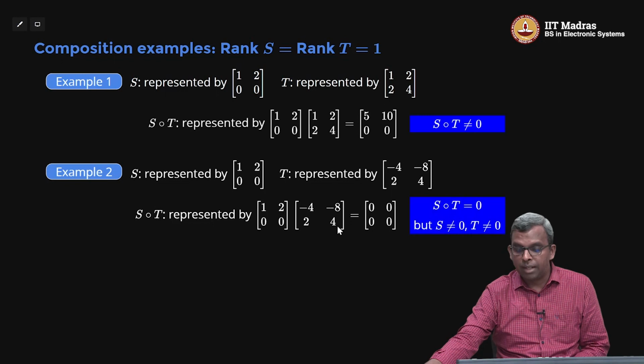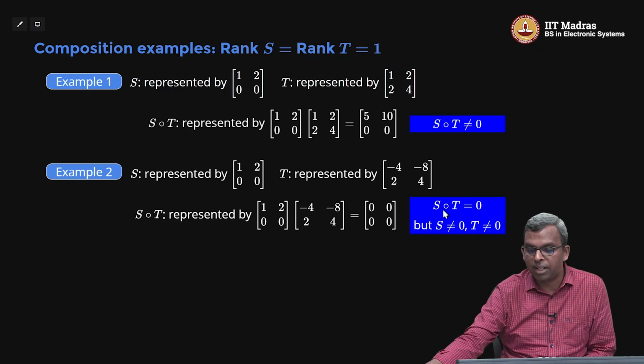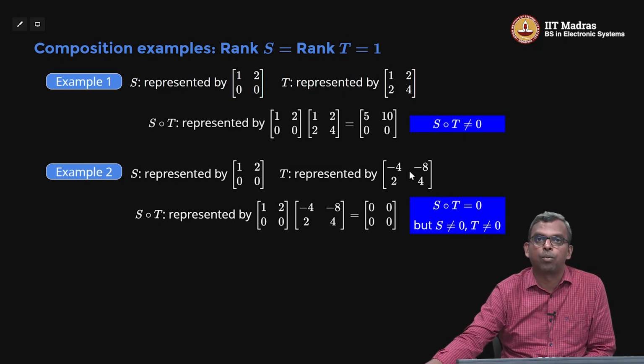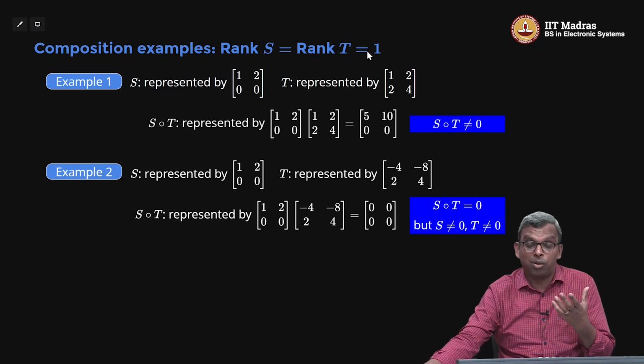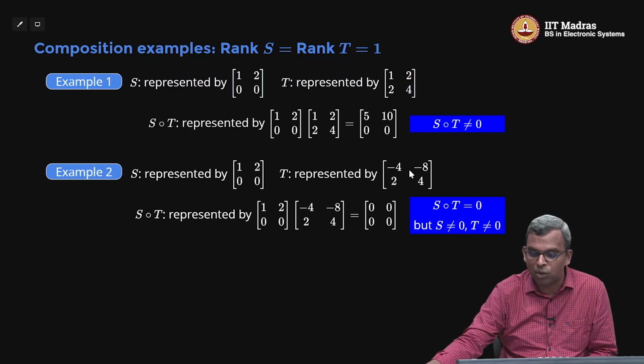So, here is this surprising property with matrix multiplication or linear transformation composition. S composed T can be 0, but S is not 0 and T is not 0. And this happens because rank S and rank T are 1. If that were not true, this would not happen, right. You can see rank of T is also 1.